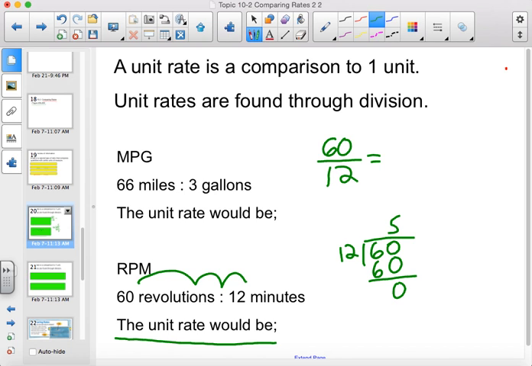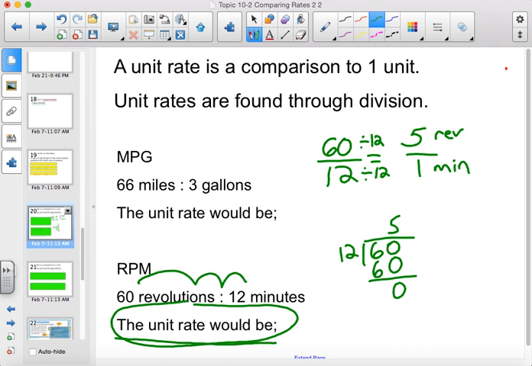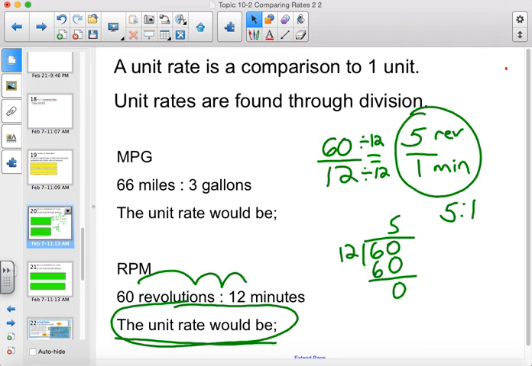We would divide 12 by 12 to get our 1 unit, which would be 1 minute, and divide 60 by 12, and we would get 5, which would be our revolutions. So the unit rate for this ratio would be 5 to 1.